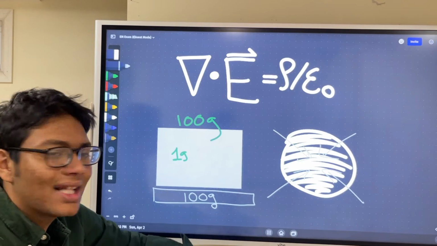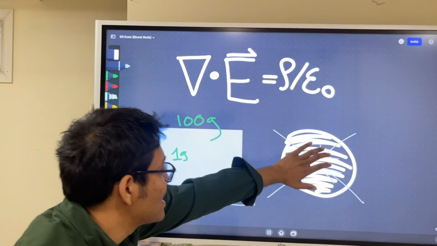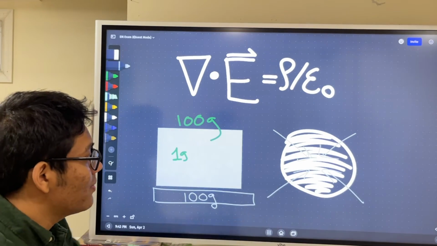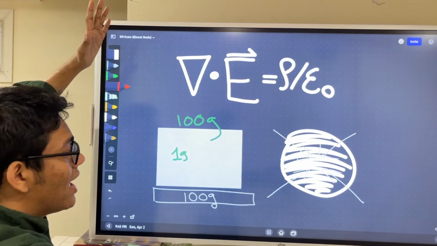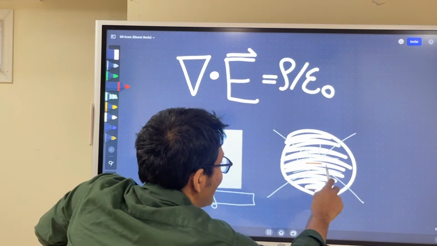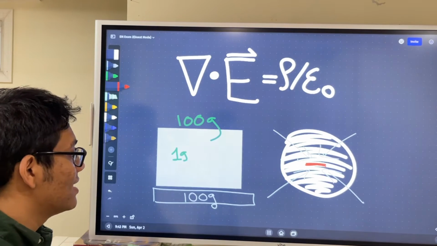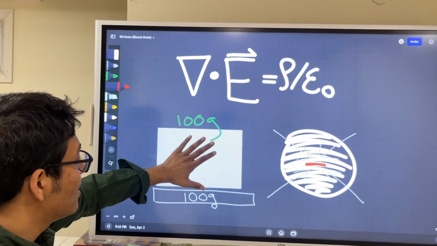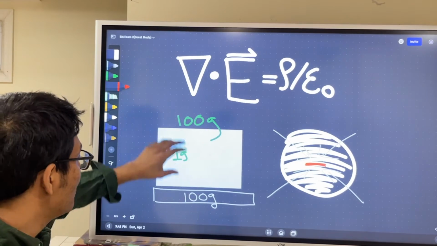You can immediately tell me there has to be a net negative charge inside this surface. Why? Because if there wasn't a net negative charge, then the electric field lines would be going out. If instead there was a net negative charge, the electric field lines would be going in, as they are in this case.